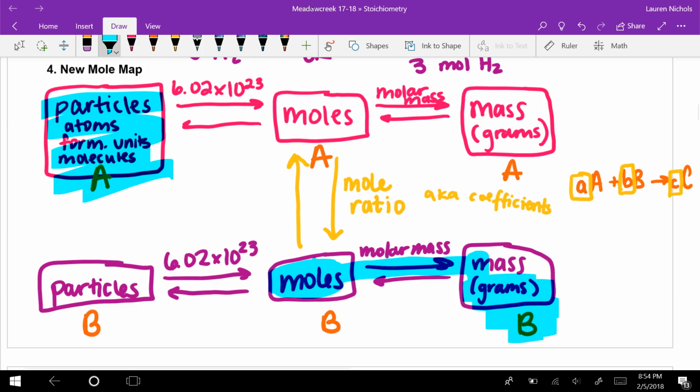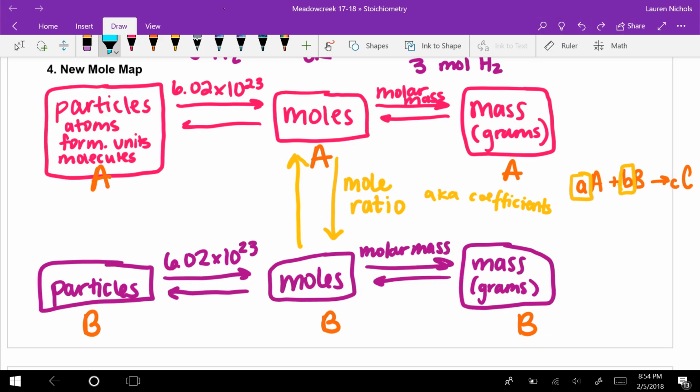So moles of B, and then in order to get particles of A, I go up this road to moles of A, and then across Avogadro's road to particles. So we can see that's a three step problem, and we can see how this problem is formed.